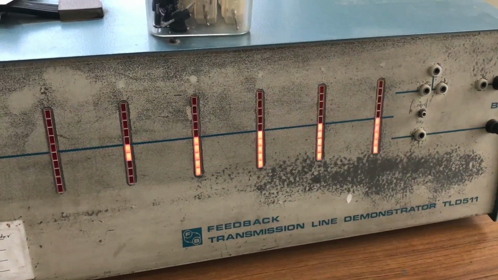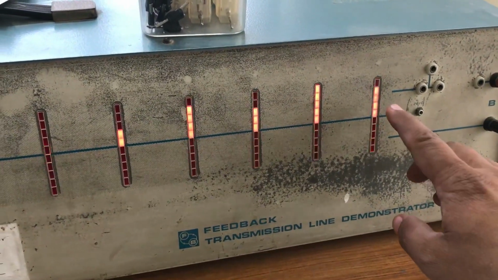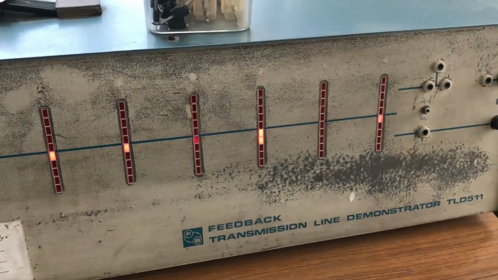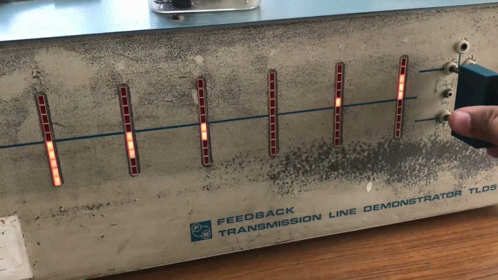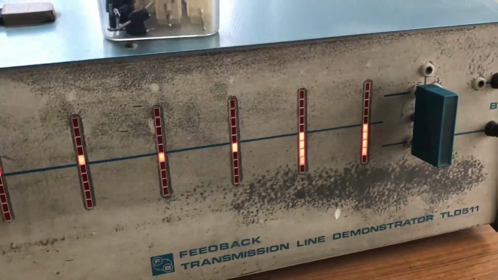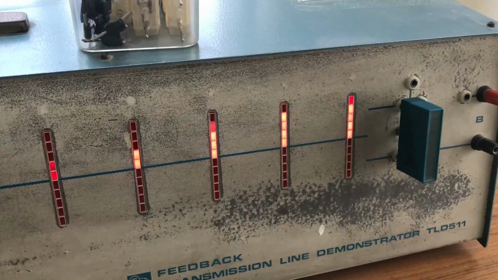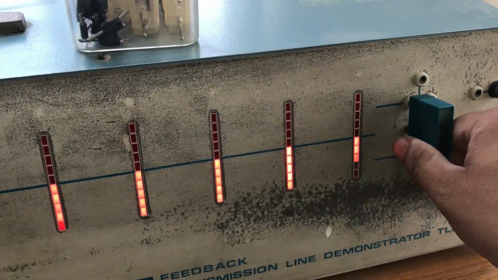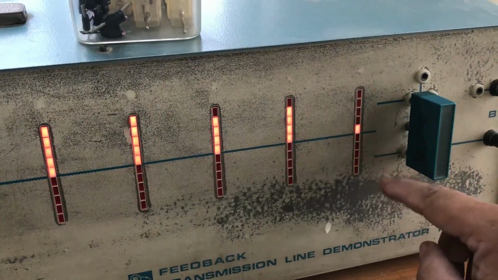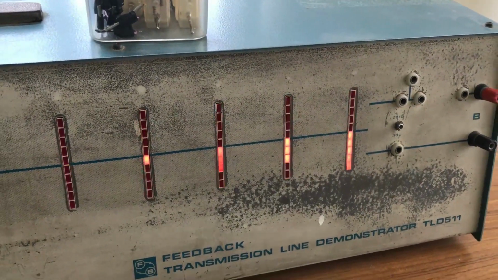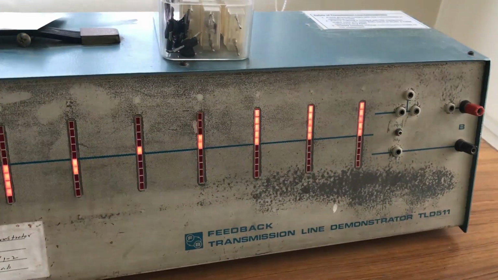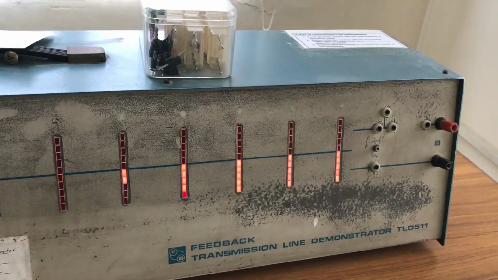And now you can quickly see the effect, and you can see the maximum: all of these lights are continuously lighting up. Let's look at it again. If I have a match scenario like this, when I put this load in, look at the output now. As soon as I make that circuit open, I can see these lights clearly brightening up. So in an open circuit I have a voltage which is maximum.